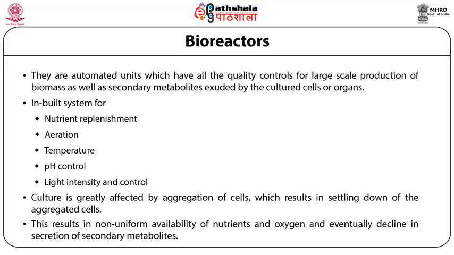More research is being done on improving the efficiency of bioreactors and eliminating the drawbacks which the existing bioreactors have, but the effort is to control all the areas which affect the efficiency of the final product, which is the secondary metabolite production.